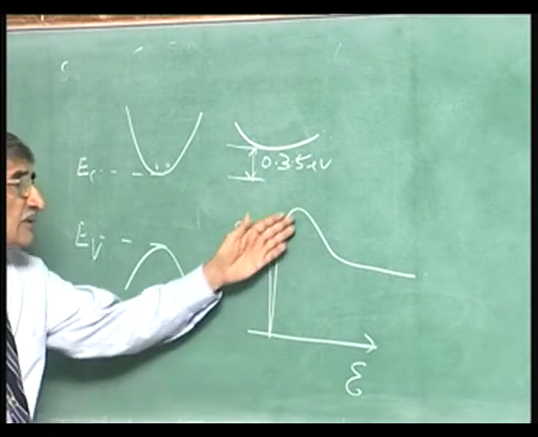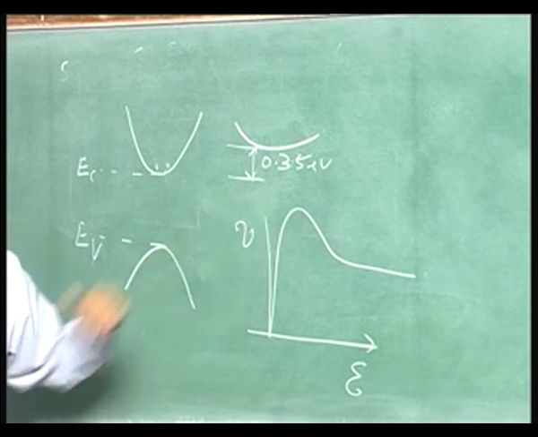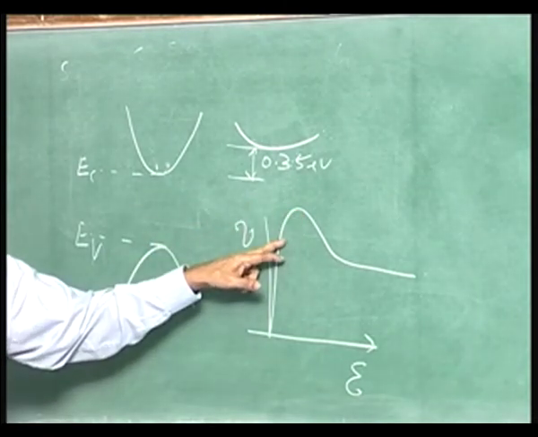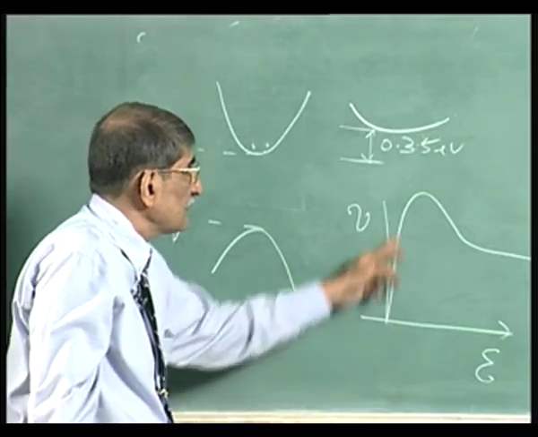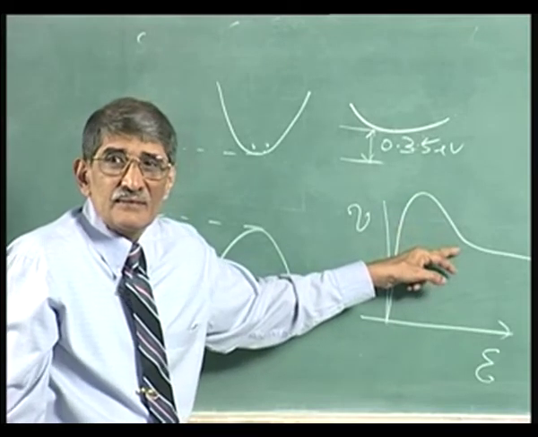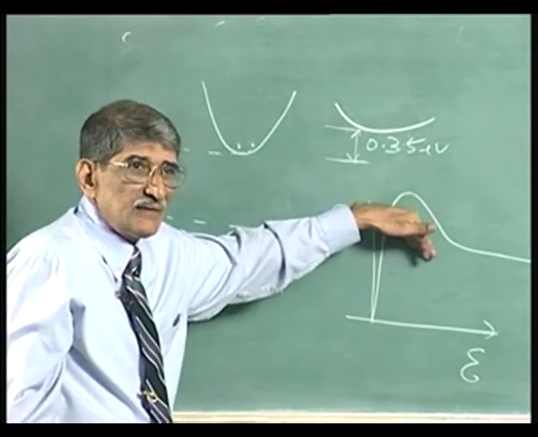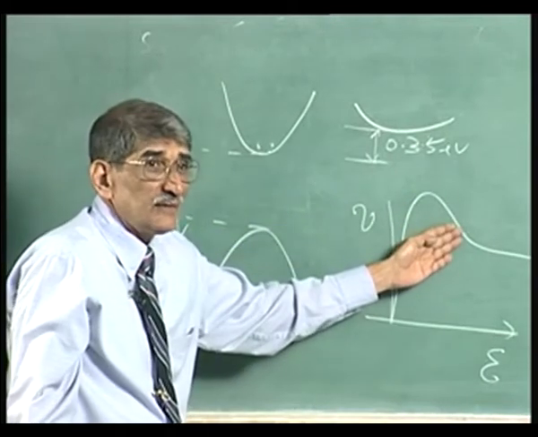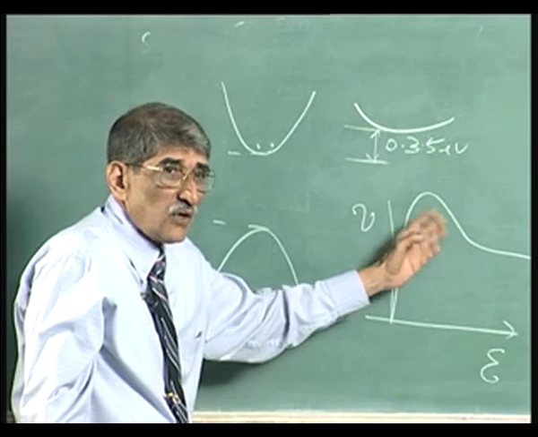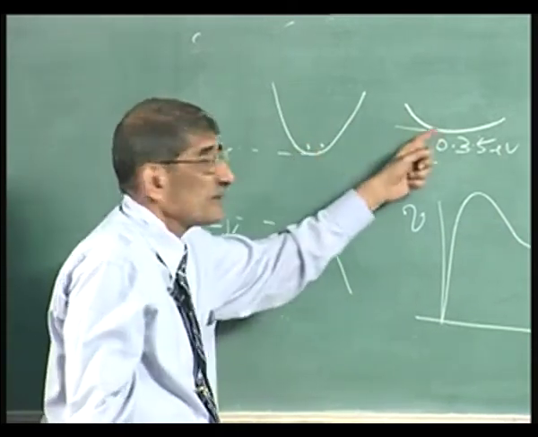Because of this you get velocities in excess of 4 into 10 to the power 7 centimeter per second. Now, what I am trying to point out is that this entire process of negative differential mobility, dV by dE being negative, is called negative differential mobility. This region occurs because electrons have transferred from here to here.